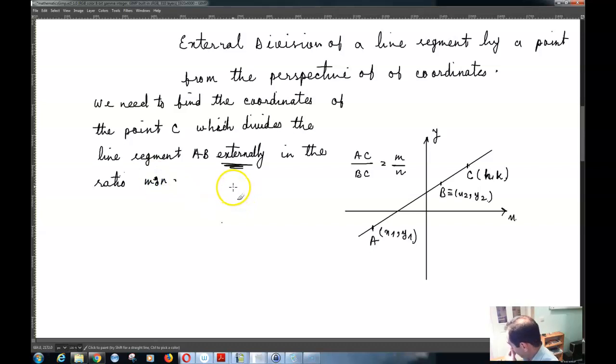Okay, and well, we defined the point C to have coordinates, for example, h, k.